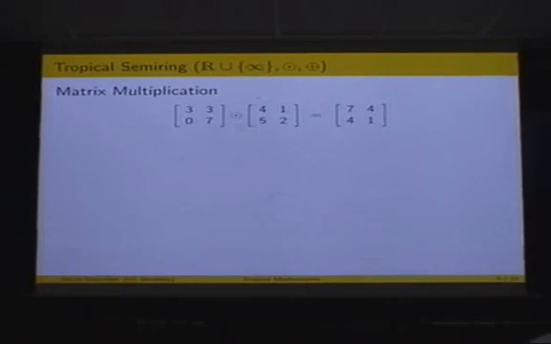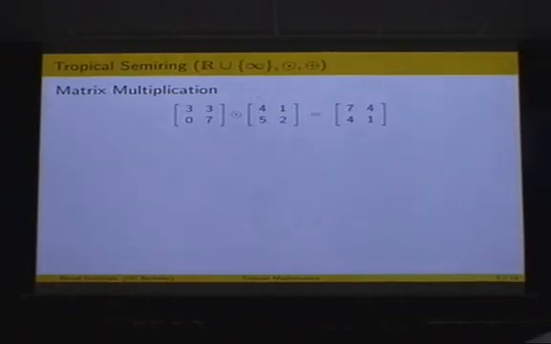Or maybe the lower right-hand entry, 0 times 1 is 1, 7 times 2 is 9, 1 plus 9 is 1, so we put a 1 in the lower right-hand corner. So vector and matrix operations are well defined.